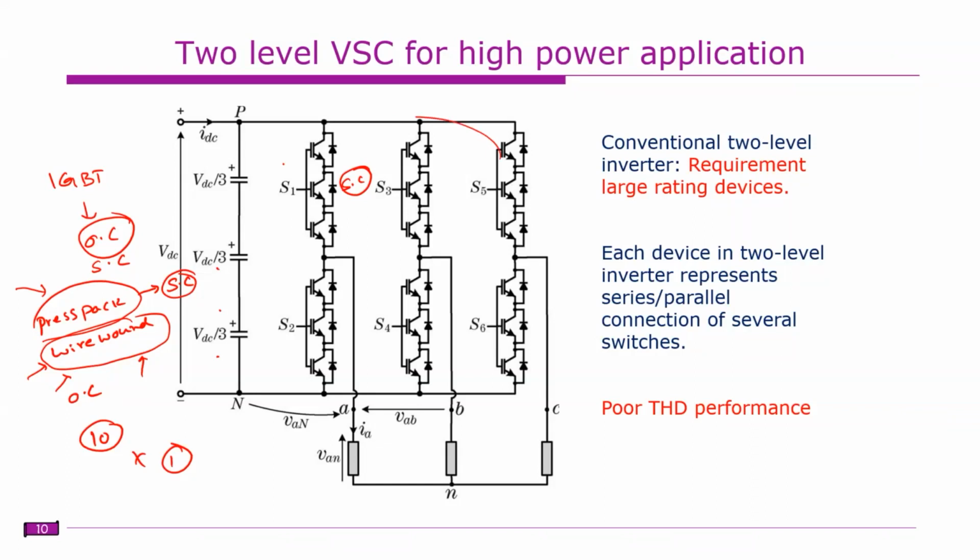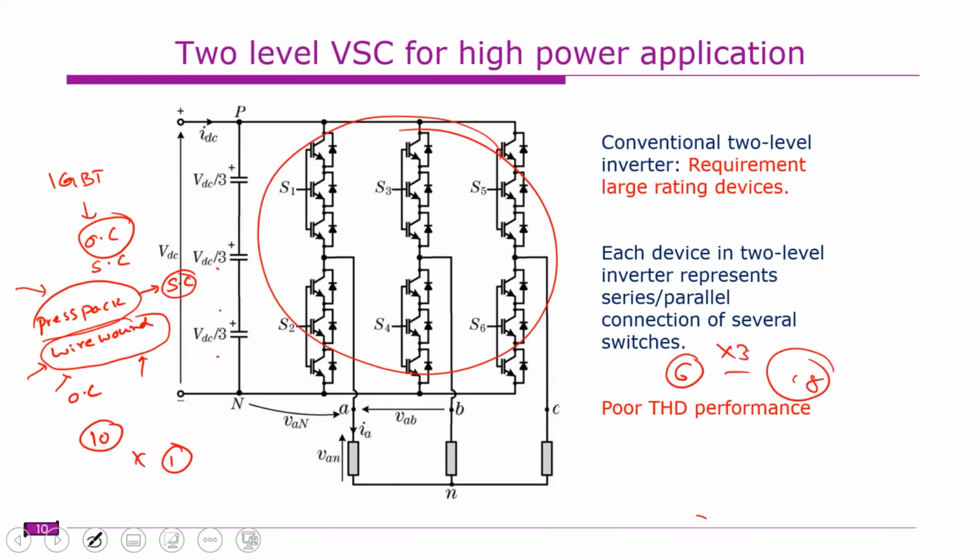We have a number of switches, right? If the number of switches is more, the probability of failure is also more. If you have 6 switches and now you have 18, the failure rate is increased by 3 times.